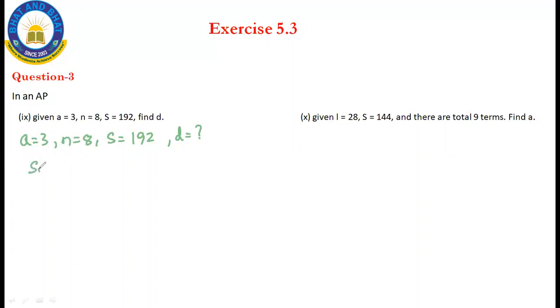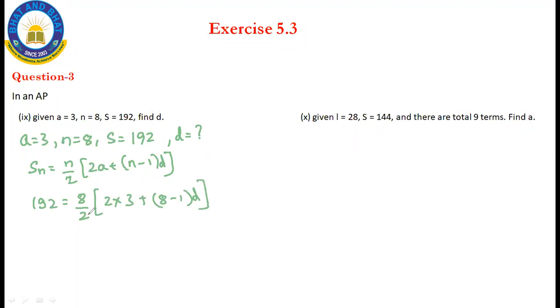So we have to just put it into the formula. Sn is equal to n divided by 2 into 2a plus n minus 1 into d. So that means 192 is equal to 8 divided by 2, 2 into 3 plus 8 minus 1 into d. 8 1s are 8, 8 2s are 16, 8 4s are 32.